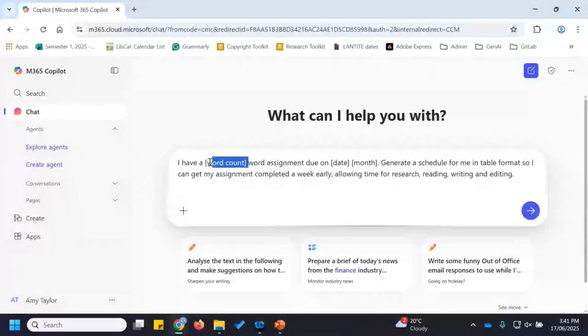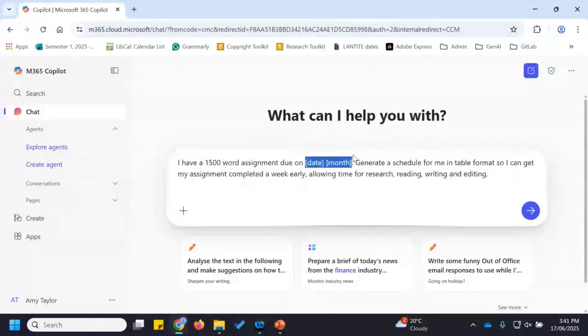So let's say I have a 1500 word assignment due on the 25th of June. Generate a schedule for me in a table format so I can get my assignment completed a week early. Let's say the 25th of July. Allowing time for research, reading, writing, and editing.